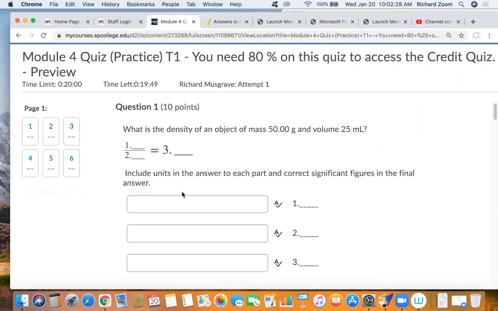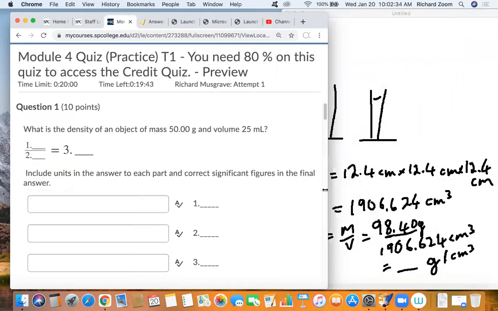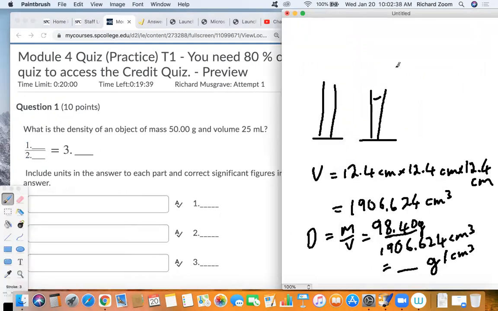If you were to write just 50 grams instead, you'd get that wrong. And that's because 50 grams and 50.00 grams are two different animals. So 50 grams does not equal 50.00 grams. And the reason for that has to again do with significant figures.